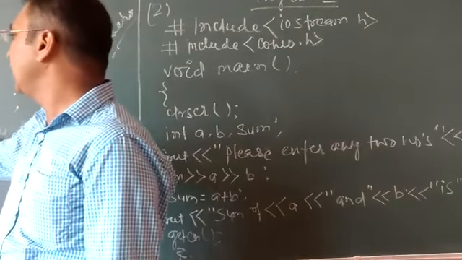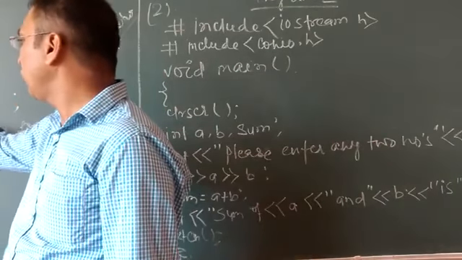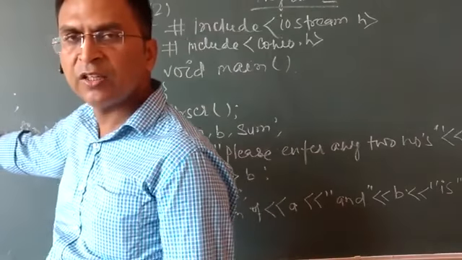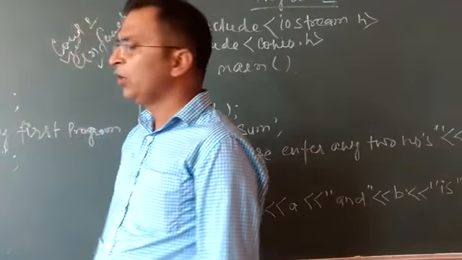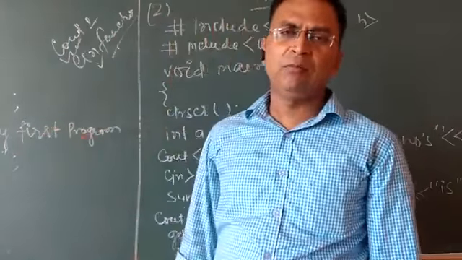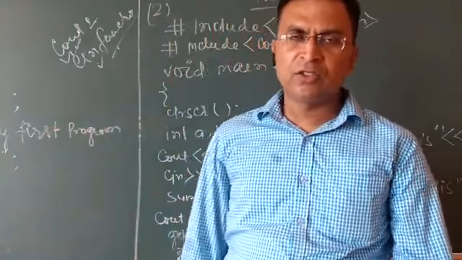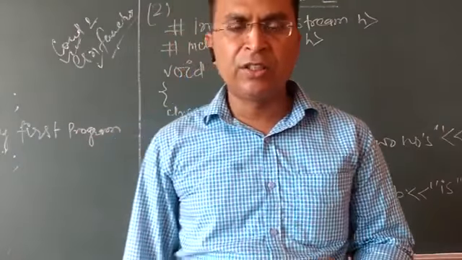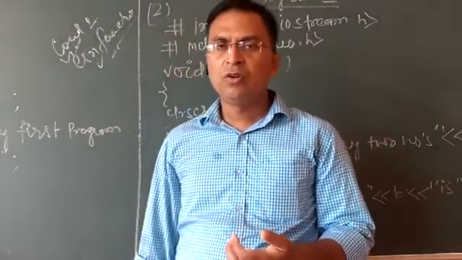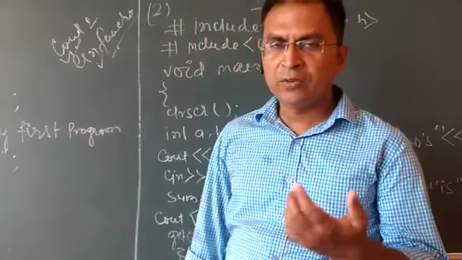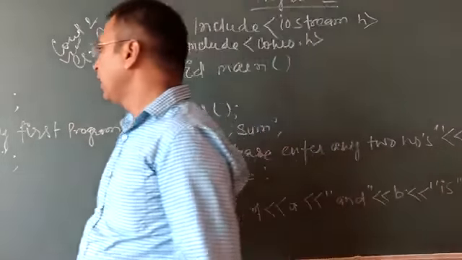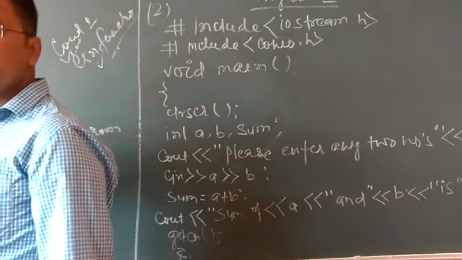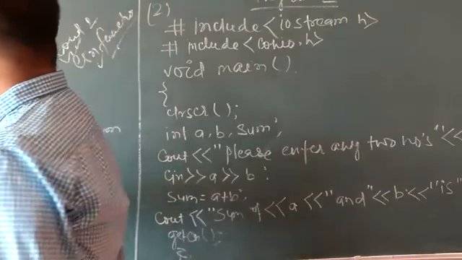And now the user is interested in getting the output like welcome. This is our first program, so we are giving the string welcome and trying to get the output as welcome. Here we are using the cout function and the extraction operator.